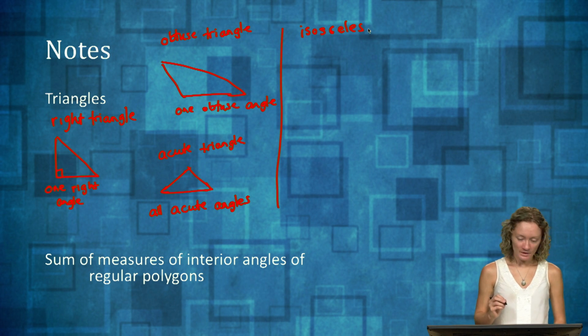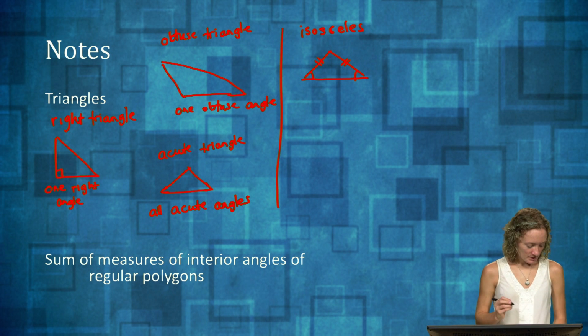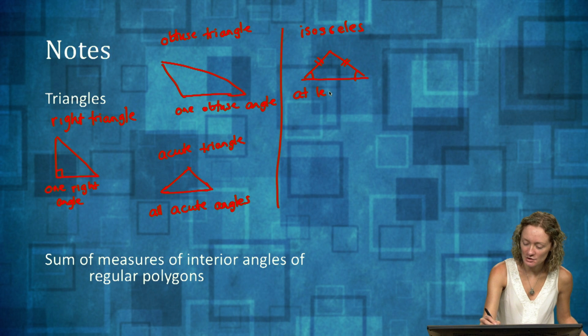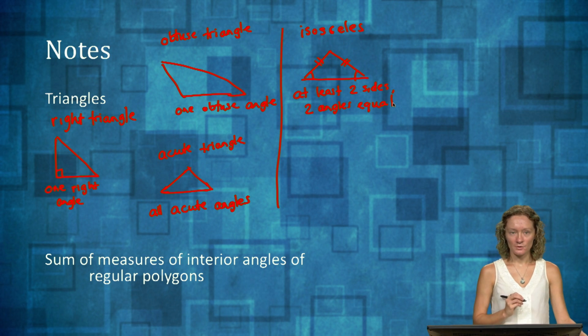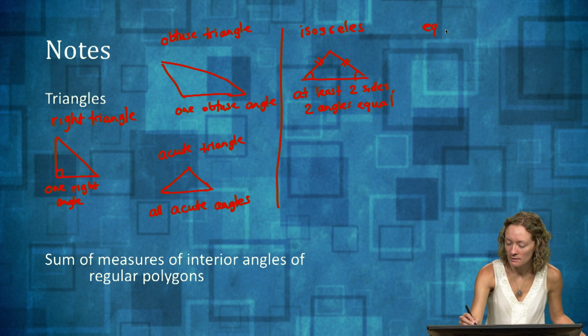An isosceles triangle has at least two sides and two angles equal. Then we could have an equilateral triangle.